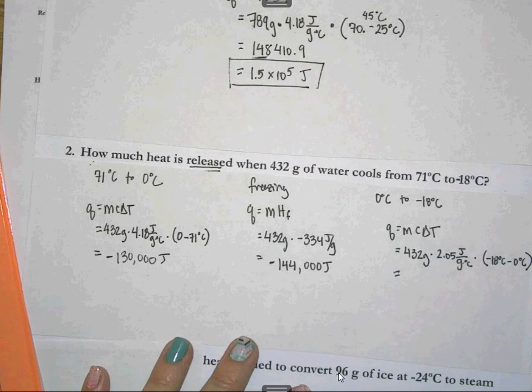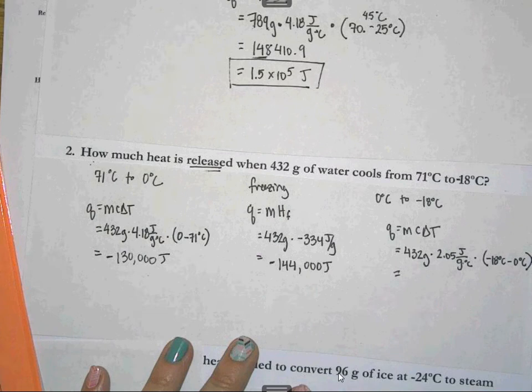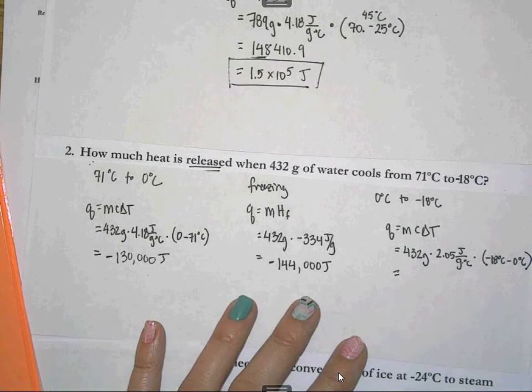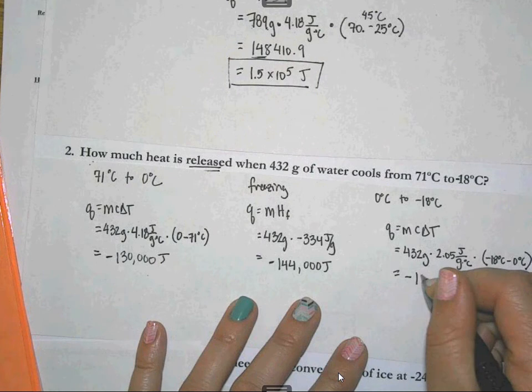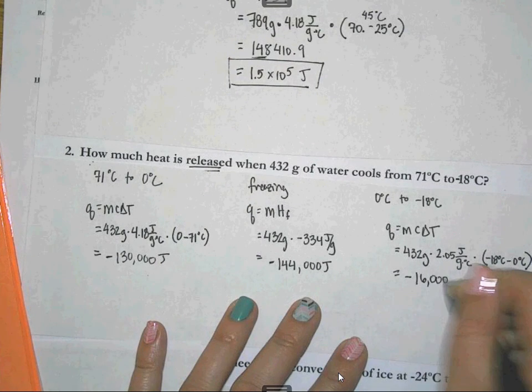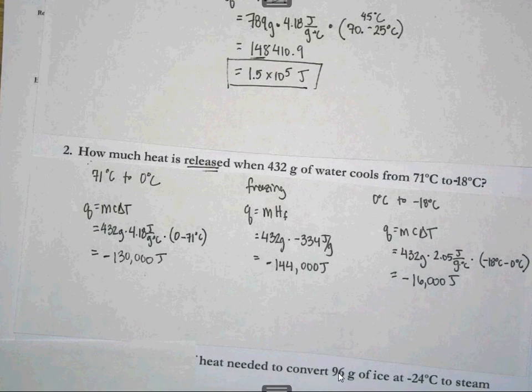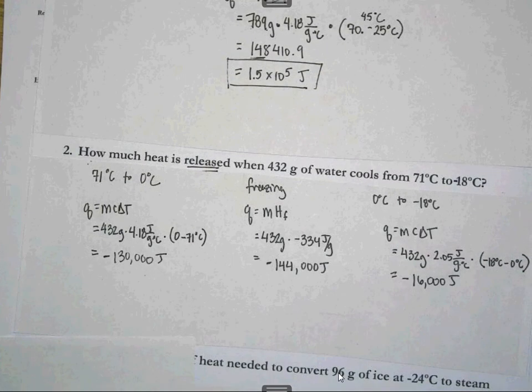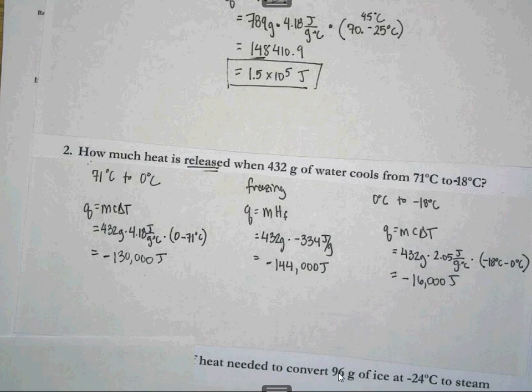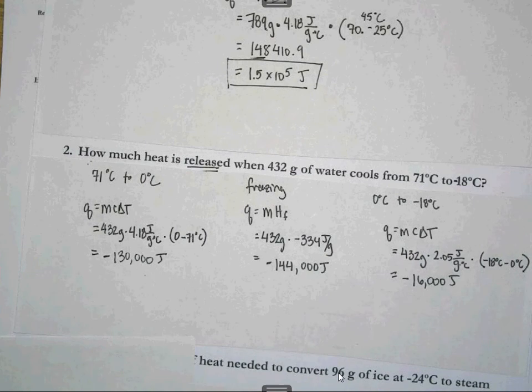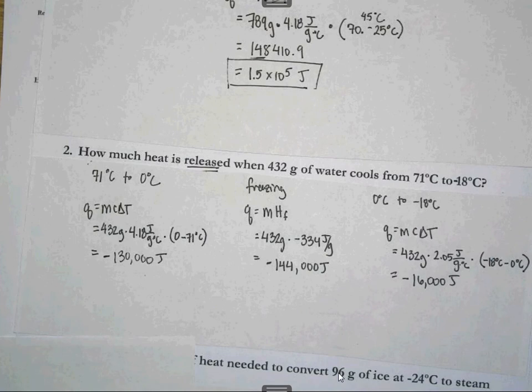You do some number crunching, and it's going to have 2 sig figs to it. I will get negative 130,000 joules. Now I'm going to keep that whole number right now, and I'm not going to do anything else with it, but just leave it. I'm going to save it for a minute.